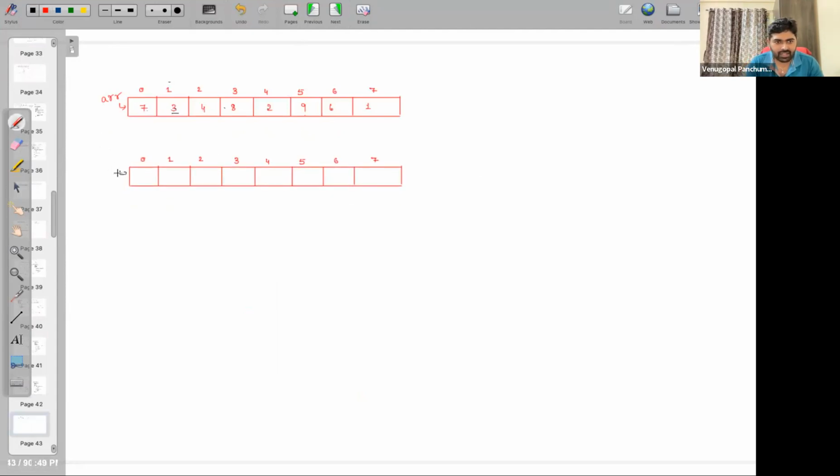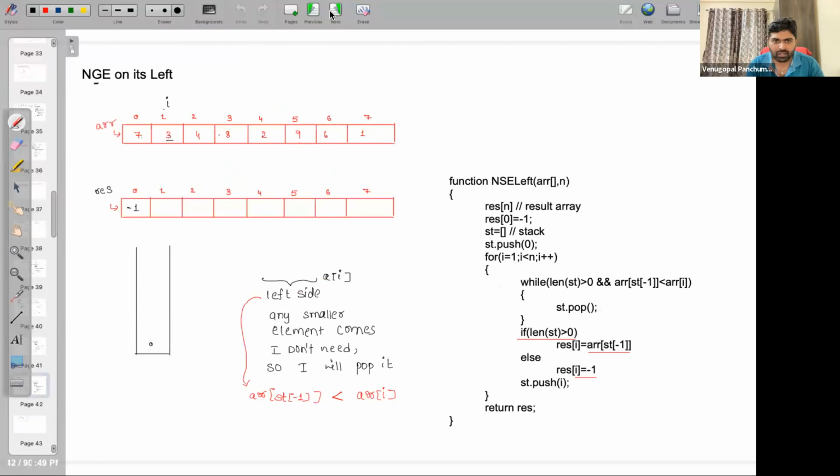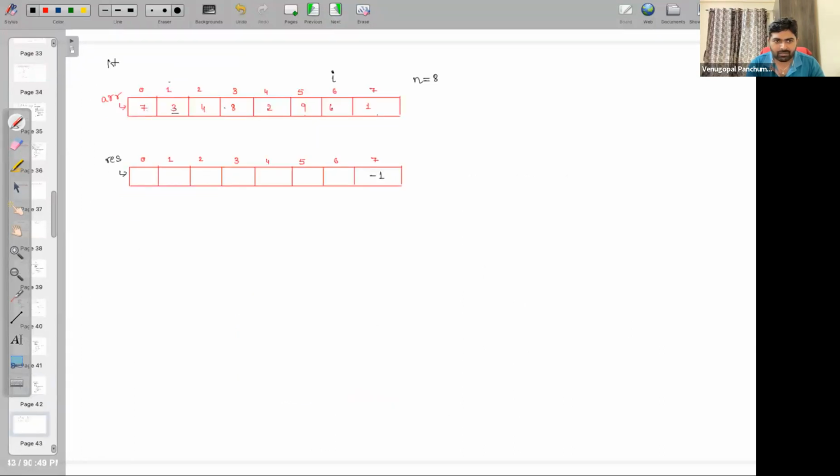I'll just fill this array and you can try. N is equal to 8. Ion, please wait for a minute, I'll take your doubt. So right side, nothing. So you can put its value to -1 and start the story from here. Right side greater I want. So I want nearest greater element on right.